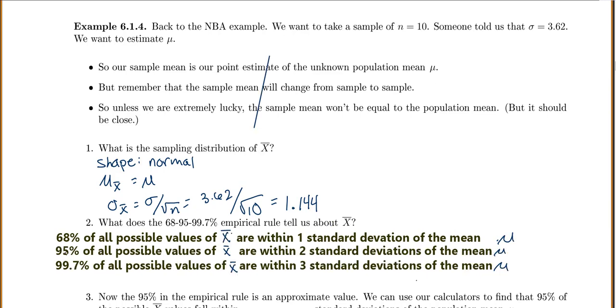And 95% of all of our possible values of x bar are within 2 standard deviations of our mean mu. And 99.7% of all the possible values of x bar are within 3 standard deviations of our mean mu.